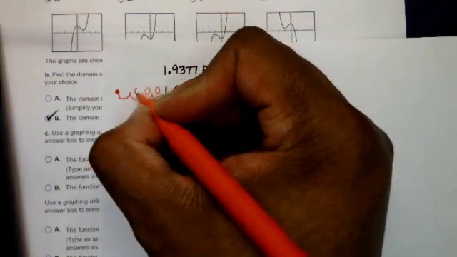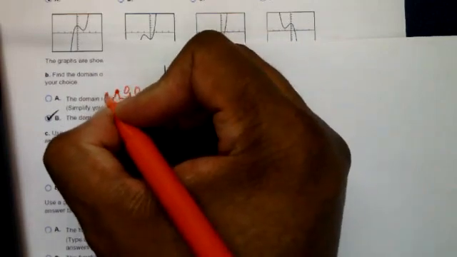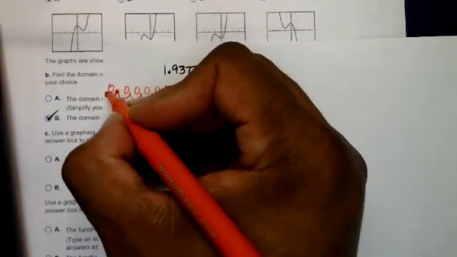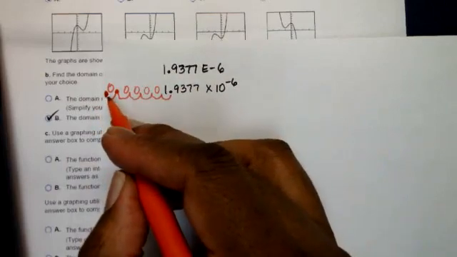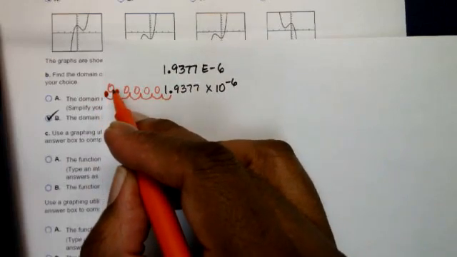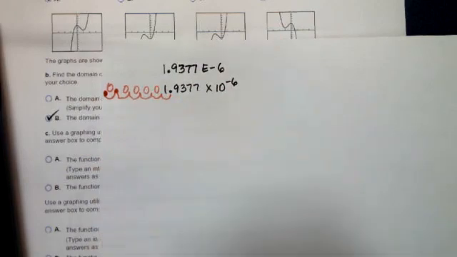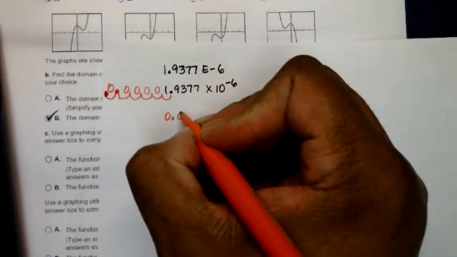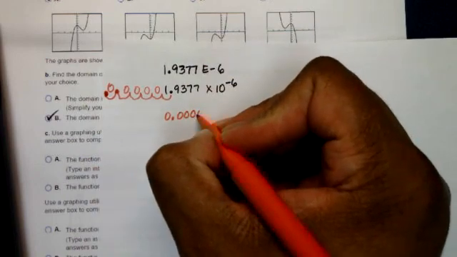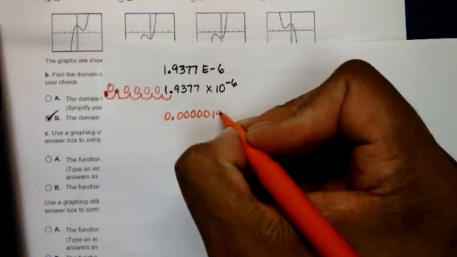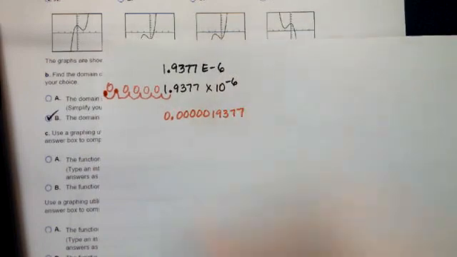So I need 5 zeros. So that decimal point will be in front of this 0, in front of the 5 zeros and the 1. So that would be 0.000001937.